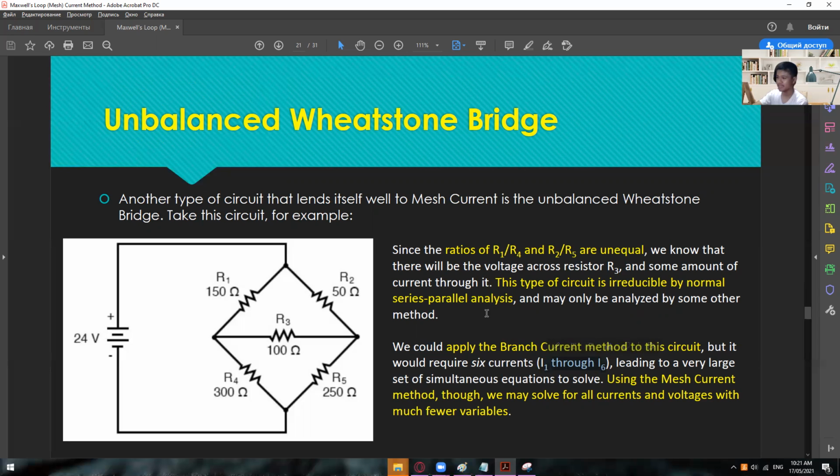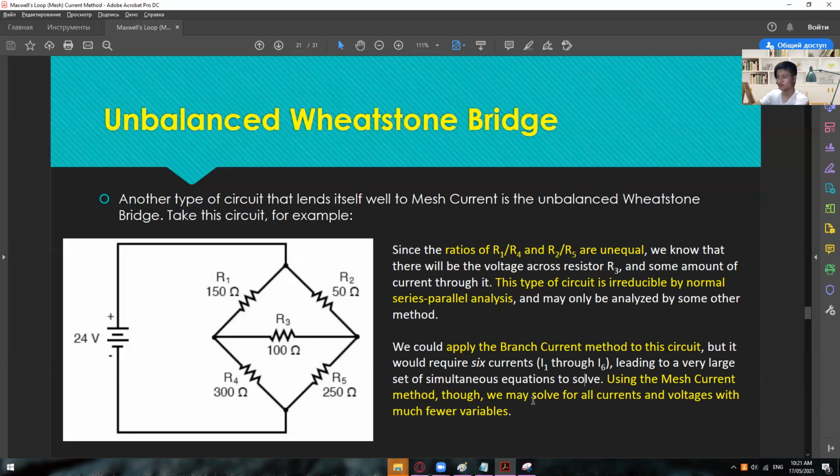Unlike in mesh analysis, you're only going to solve for all the currents and voltages with much fewer variables. So instead of having, let's say, 1, 2, 3, 4, 5, and 6 for the KCL, yeah, 6 equations for Kirchhoff's law.